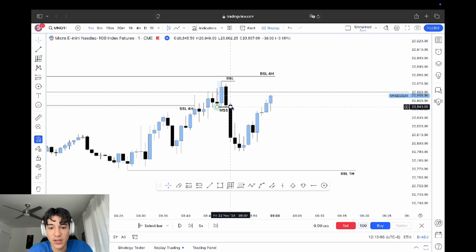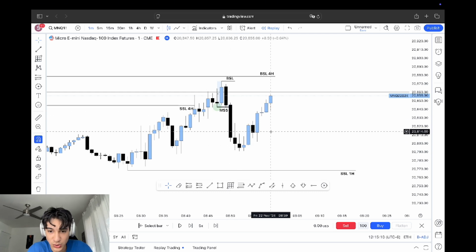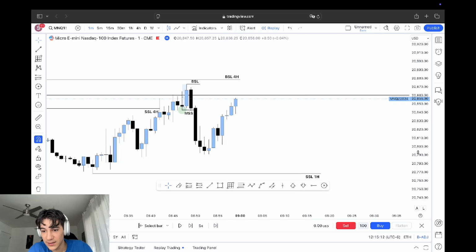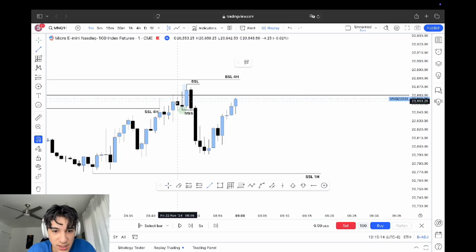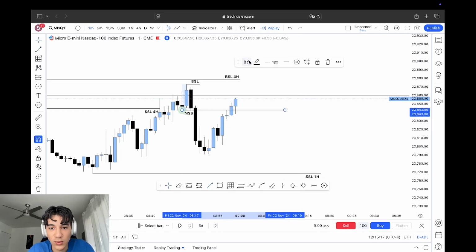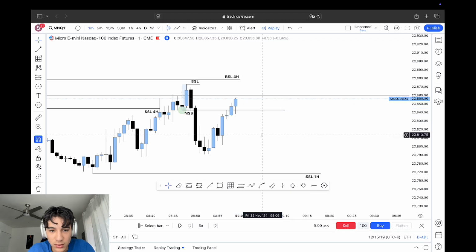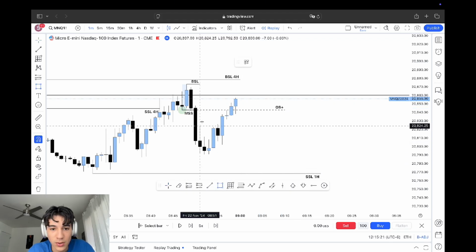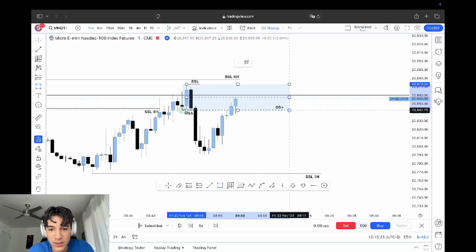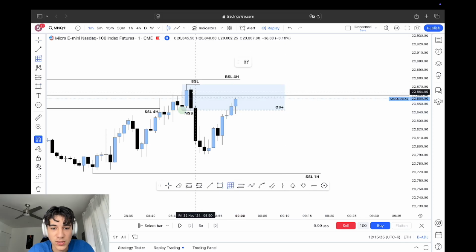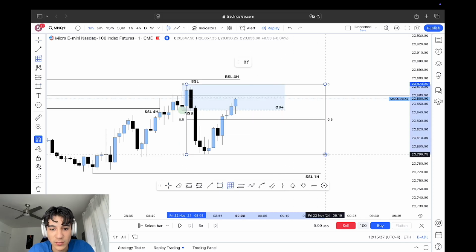So we see that we get a closure past this, also a very, very strong closure too. And then we also see that we retrace back into an order block, which I'll tell you what an order block is in just a sec. And then we also retrace into equilibrium of this range as well.